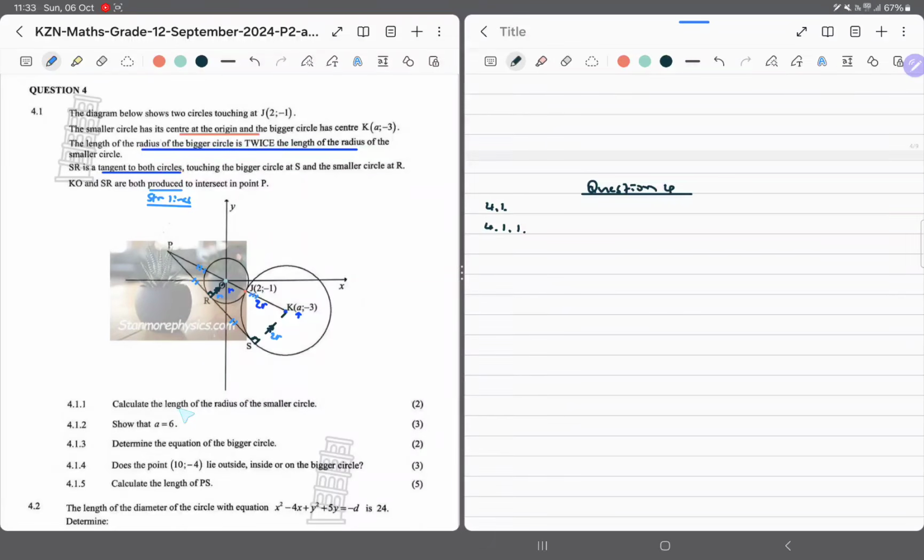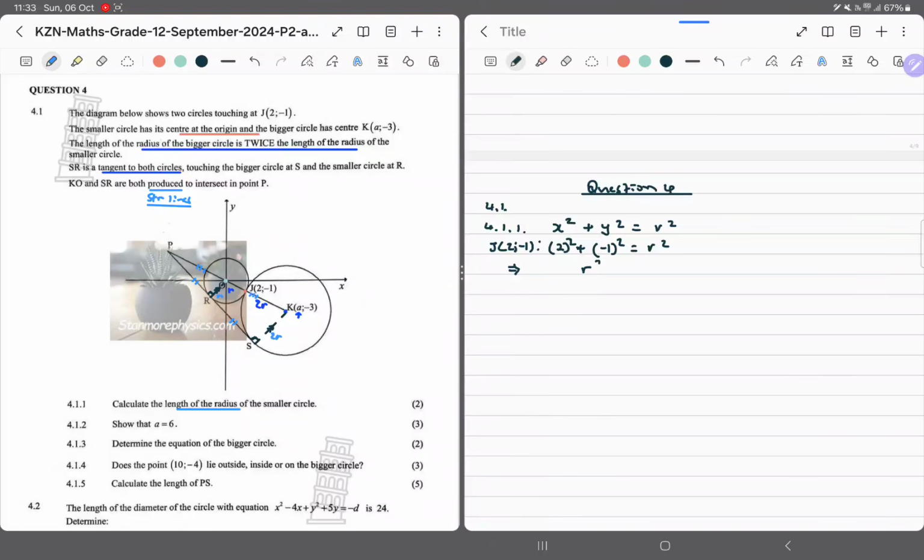Now we have to calculate the length of the radius of the smaller circle. Very easy. We know that x squared plus y squared equals r squared. Remember, for a circle centered at the origin, we have that format. Now we can use point J because this is (2, -1). So we have 2 squared plus (-1) squared equals r squared.